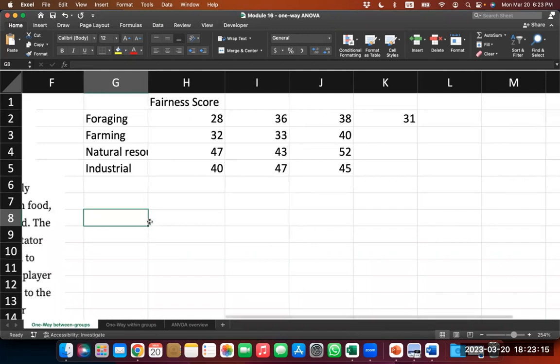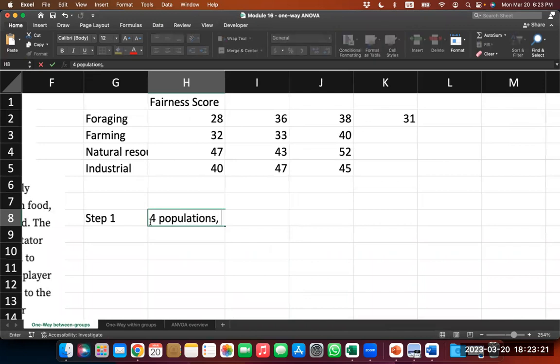So now in step one, we determine that we have four populations. We assume our assumptions are met. So we assume it's normally distributed. We assume random sampling. And we assume homoscedasticity.